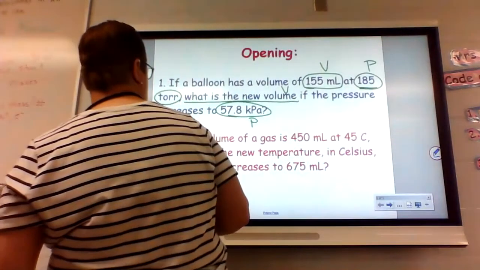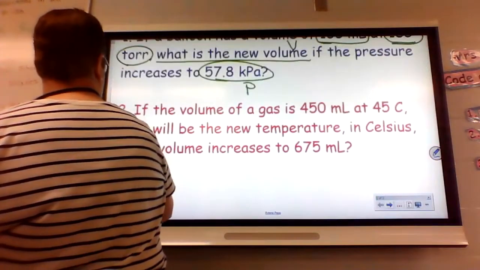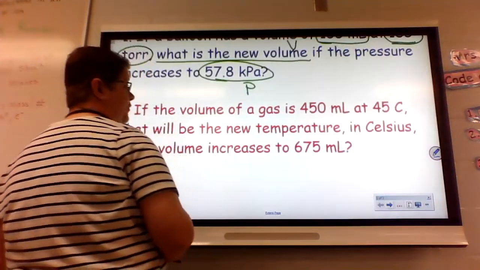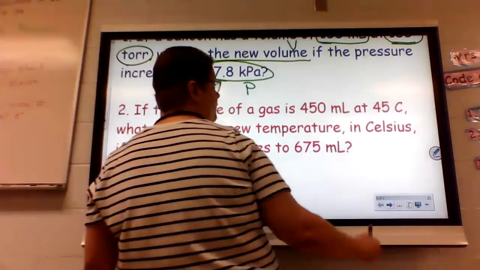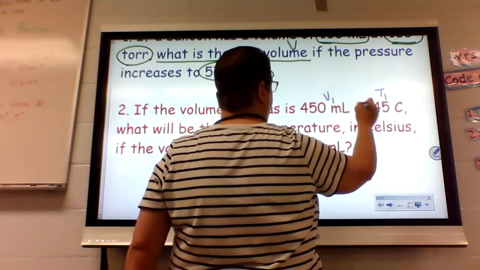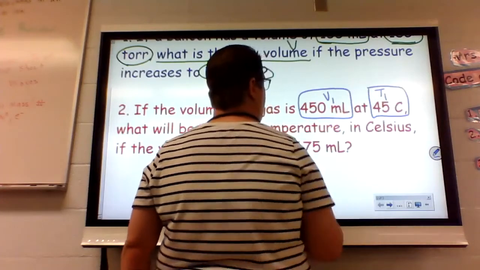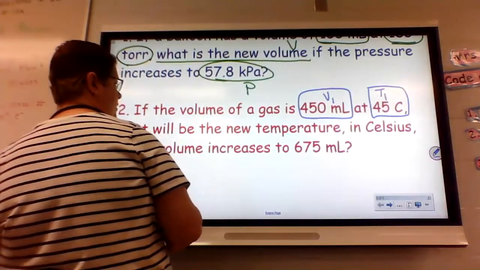Number two says to find, if the volume of the gas is 450 at 45, this is V1, this is T1. That's the volume, that's the temperature. Everybody okay with that? All right, this is a what?